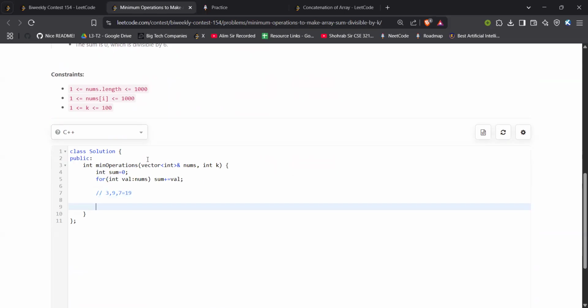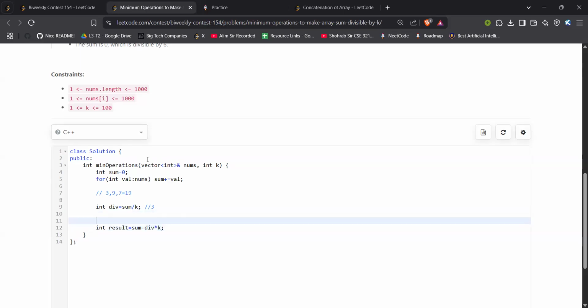What I will do is basically divide the sum by k, which will give me like 3, right? The floor value, 3 into 5. And we'll just say result equals sum minus this into k.